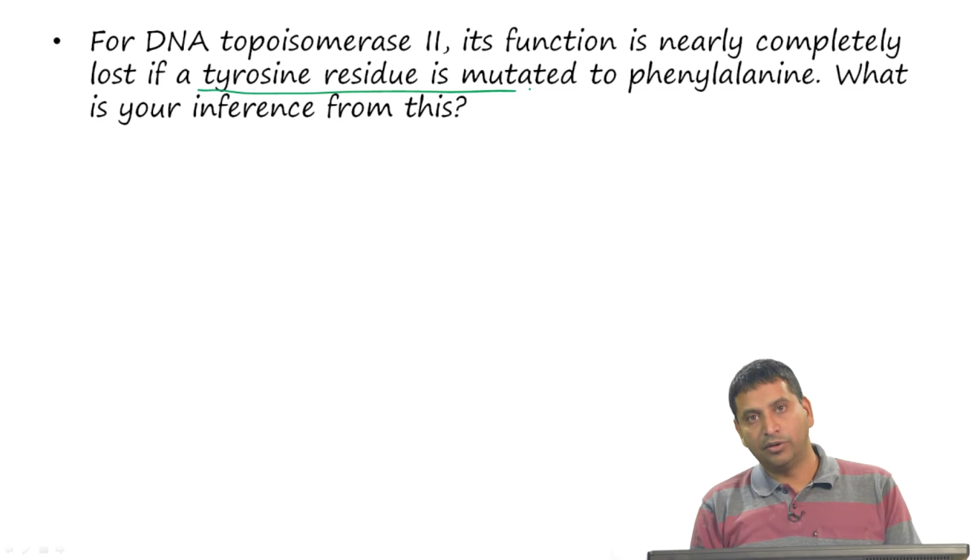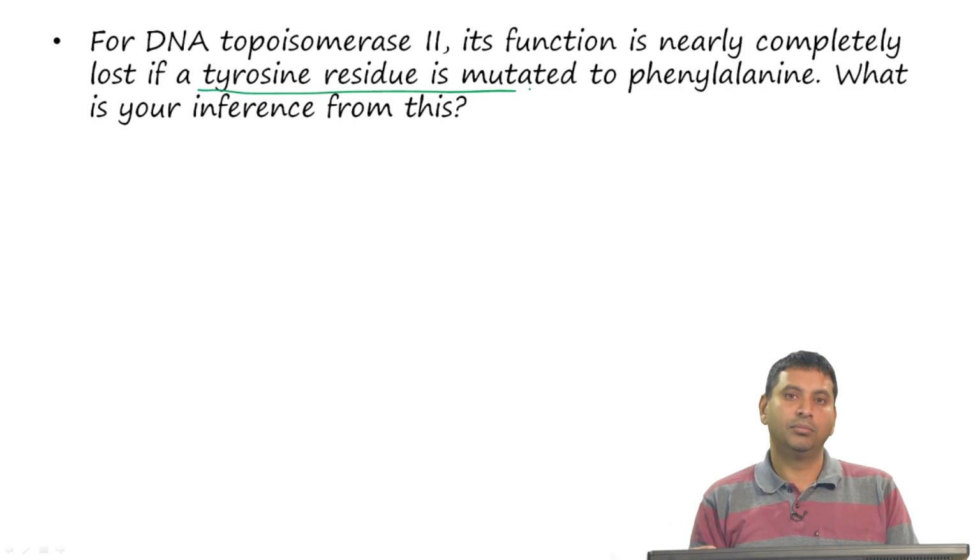And this site directed mutagenesis basically replaces an amino acid residue with another amino acid residue. So, if the tyrosine here is replaced with a phenylalanine, then the activity of DNA topoisomerase II is almost completely lost. Therefore, the tyrosine residue must be a very important part of DNA topoisomerase II activity.